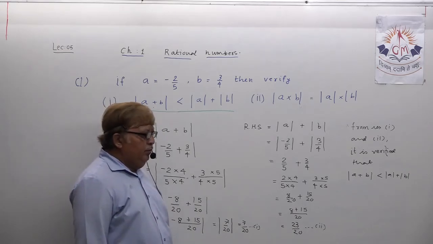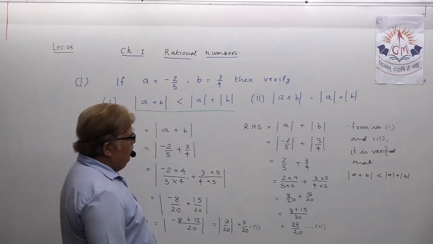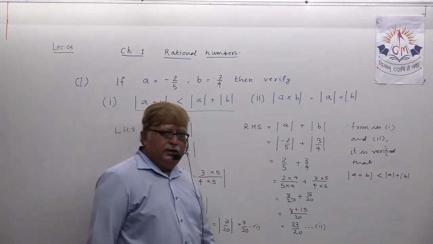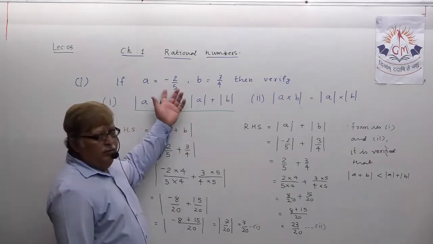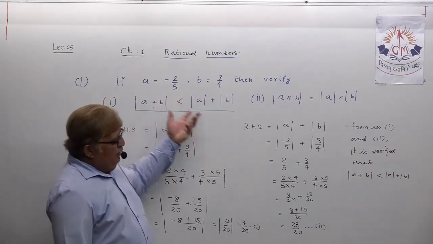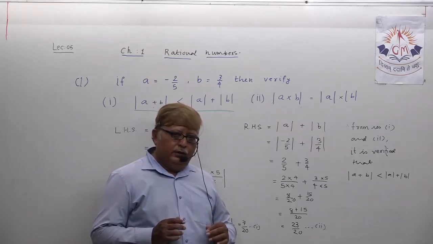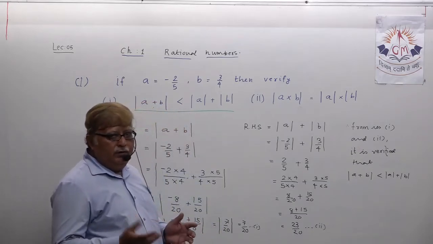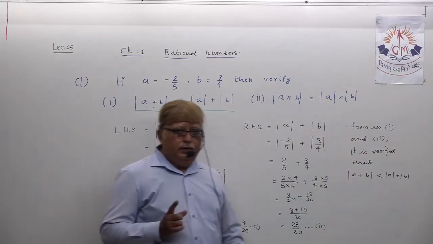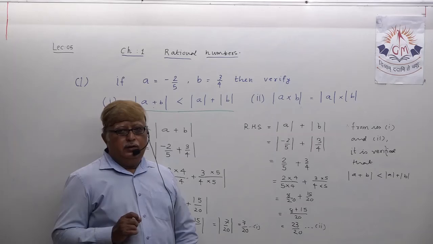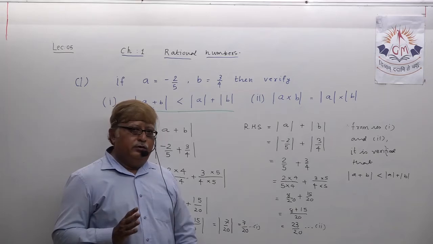You have to verify properties of rational numbers in this way, and mind this can also be asked in an MCQ. Suppose you are given any two rational numbers, it may be any, and you are asked in the exam which of the following is the correct option. In that I may vary the other options, but one option is correct, that is modulus a plus b less than modulus a plus modulus b.